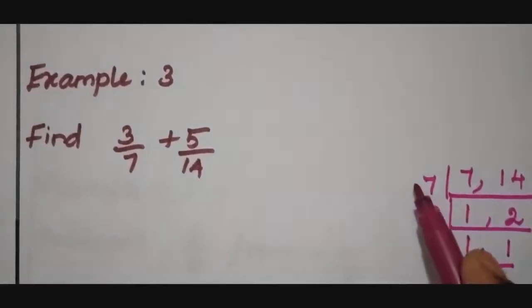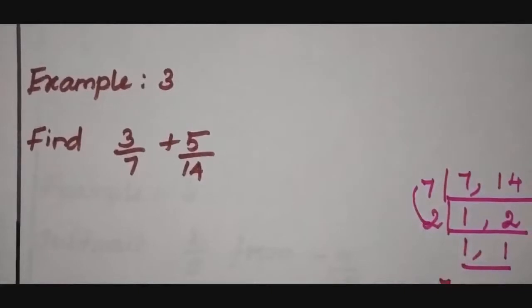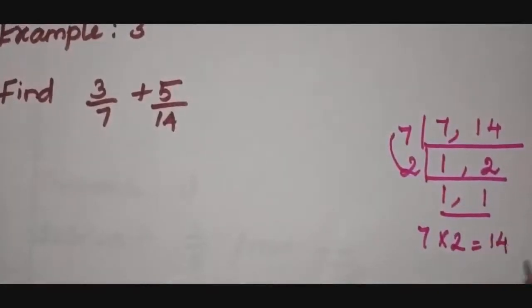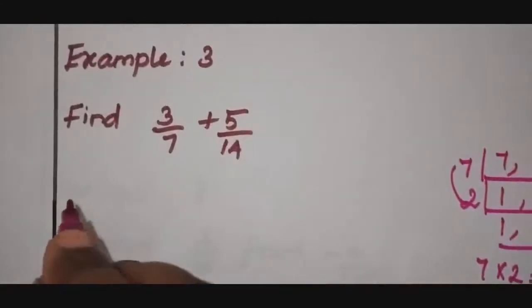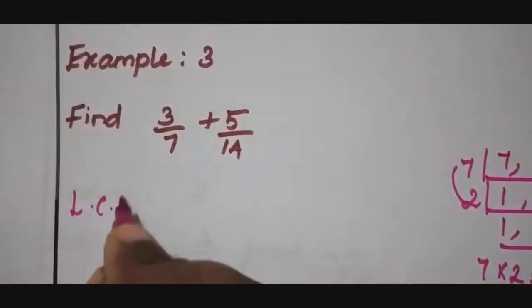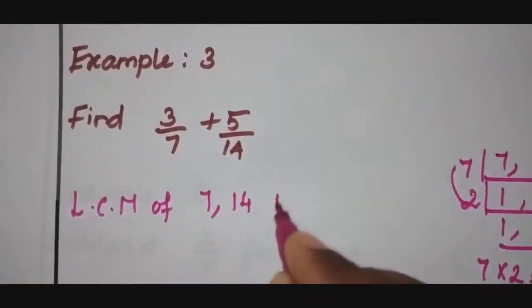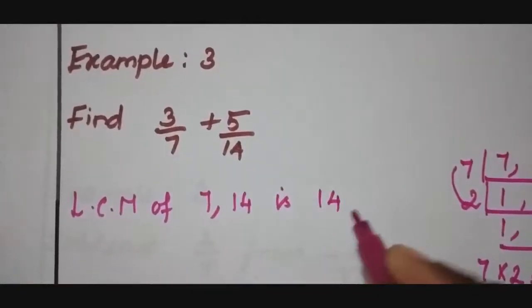You multiply these two numbers, 7 into 2. 7 2s are 14. So now you write here LCM of 7, 14 is 14.